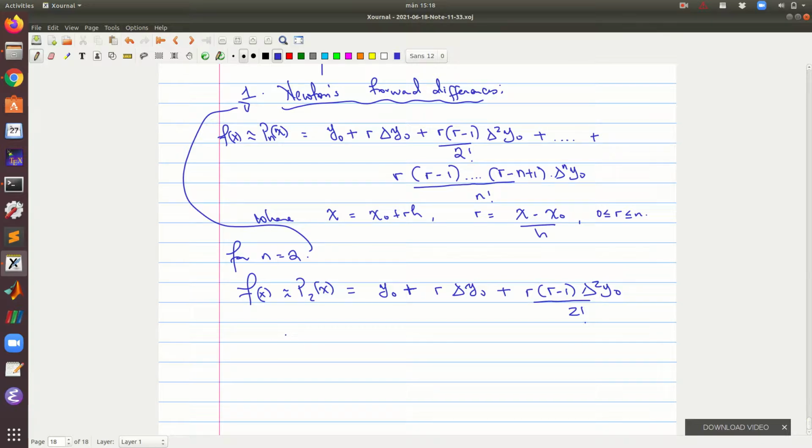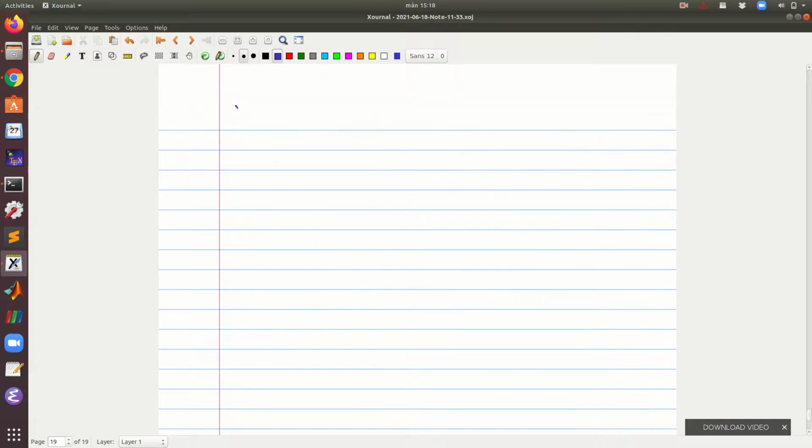So yeah, we can look at a simple example here. In this example, we would like to use the values in the table below. We have a table which is given already to us, and we would like to use the values in this table.